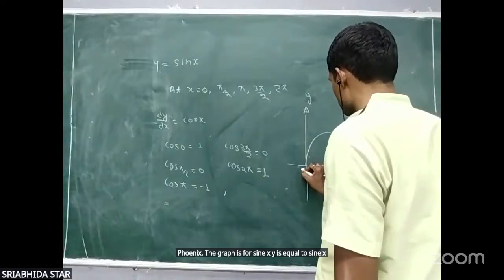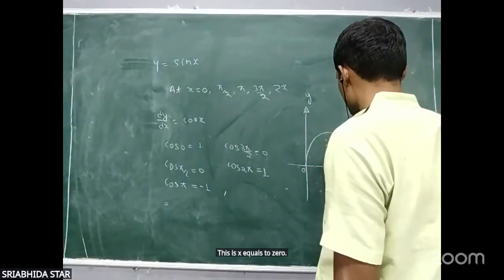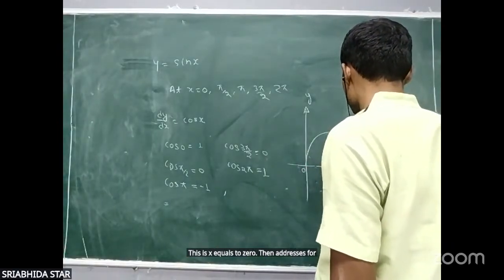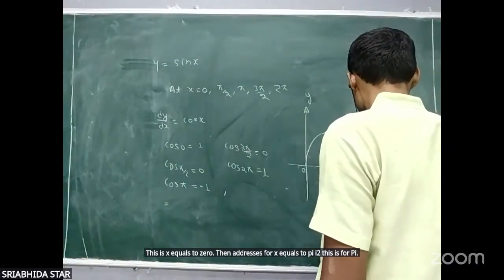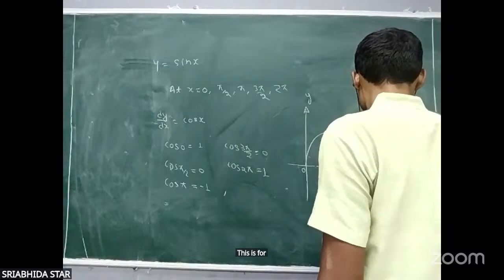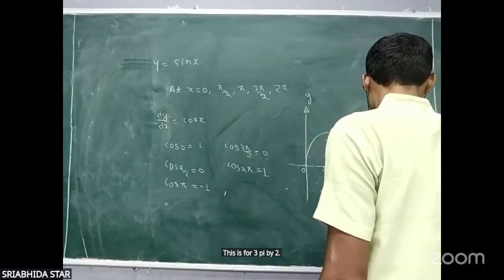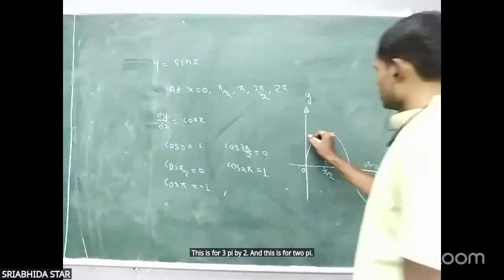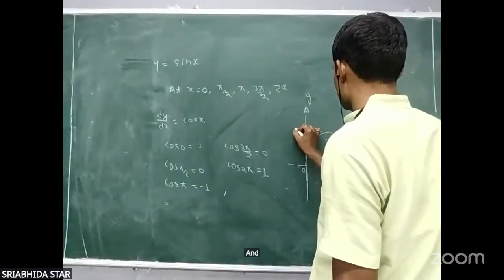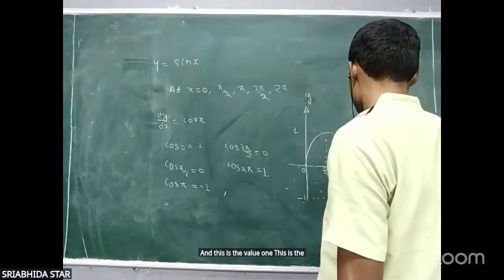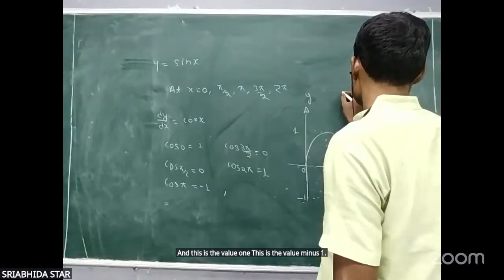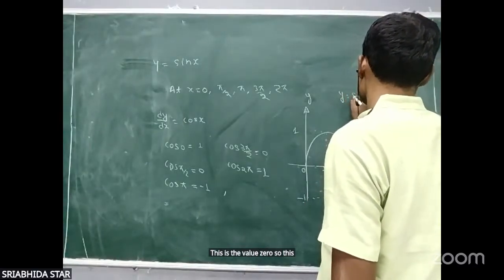This is x equals to 0. Then this is for x equals to pi by 2. This is for pi. This is for 3 pi by 2. And this is for 2 pi. And this is the value 1. This is the value -1. This is the value 0. So this is the y is equal to sine x graph.